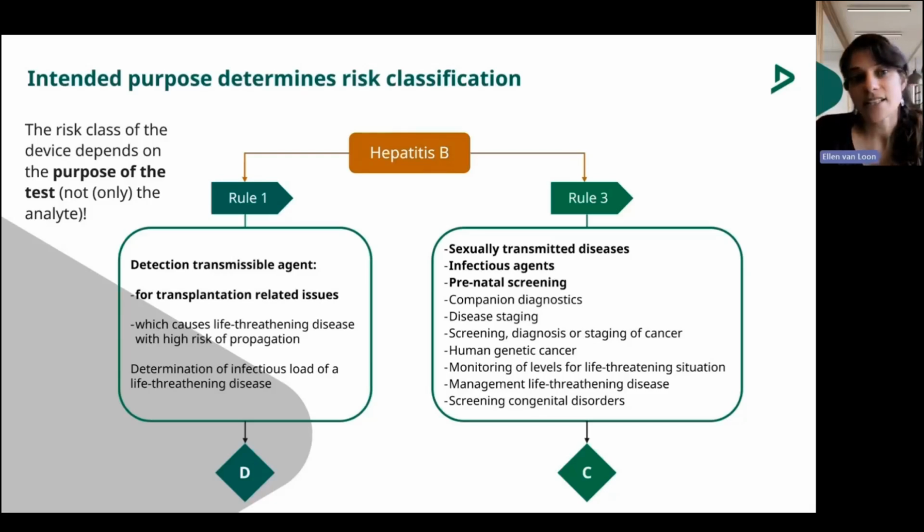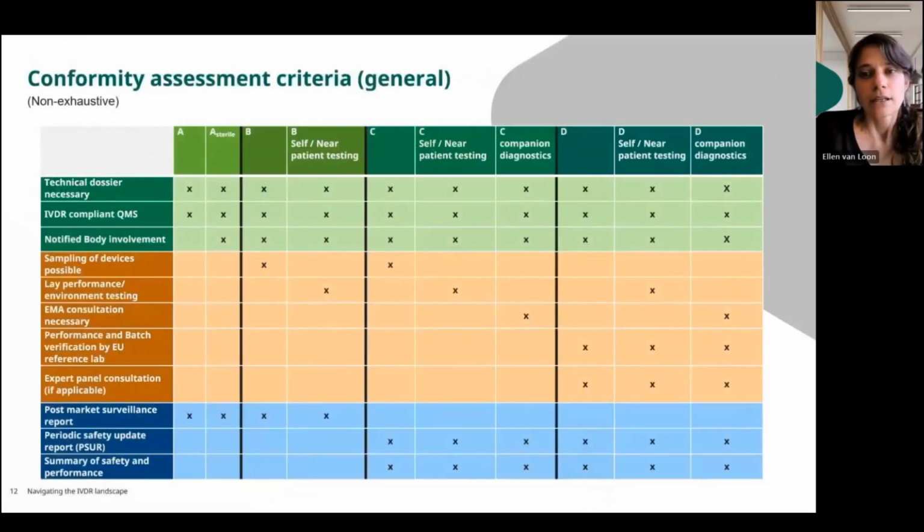But if it's a device that detects hepatitis B, but then for sexually transmitted diseases, then it's considered a Class C device. So this also shows you how important it is to have a clear intended use, because that also determines the risk classification.